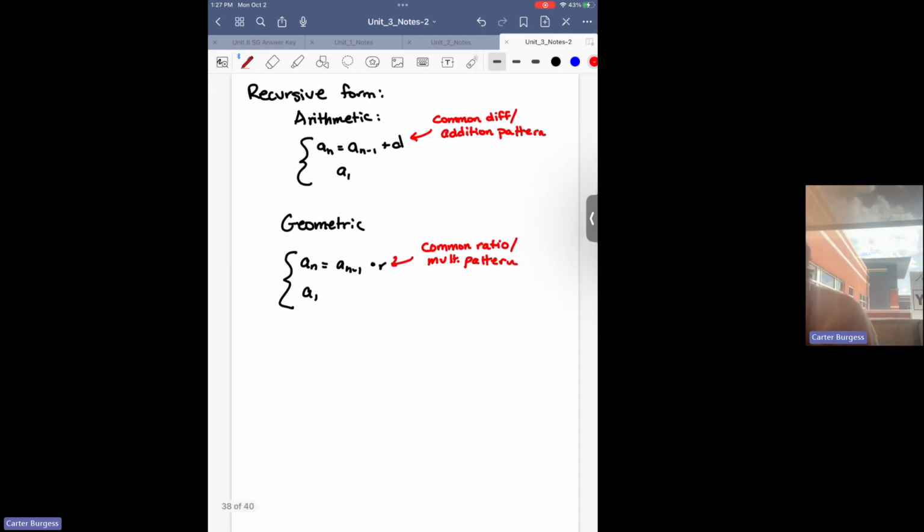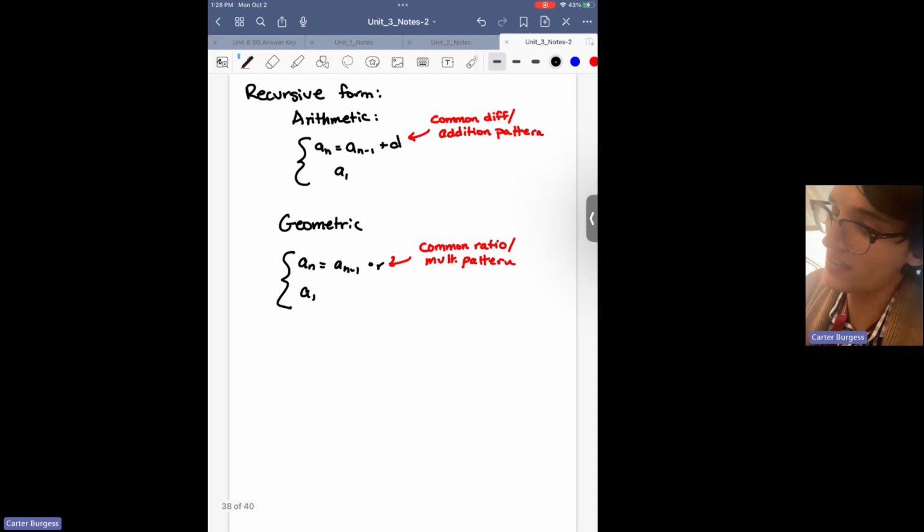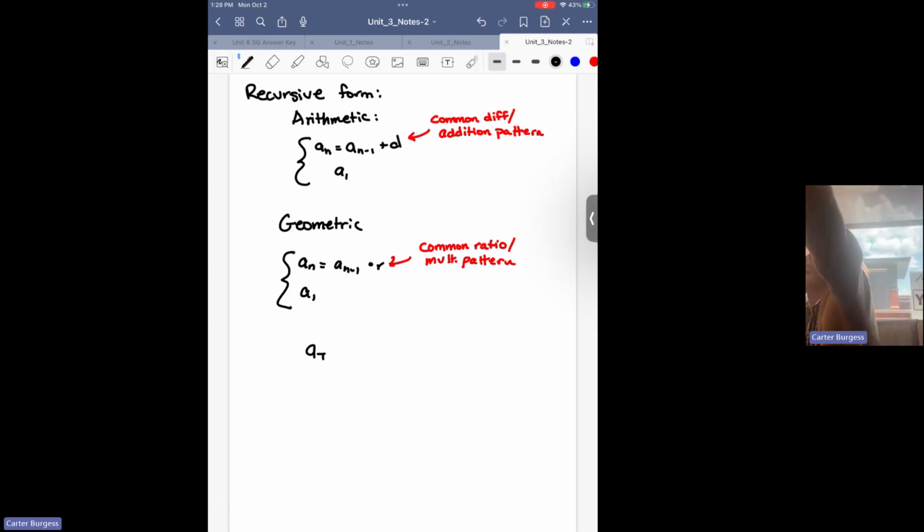So for instance, let's consider this sequence that we have here. Let's say that for this sequence, I want to find a sub 7. And the only information that I have to find a sub 7 is the recursive form of my sequence.